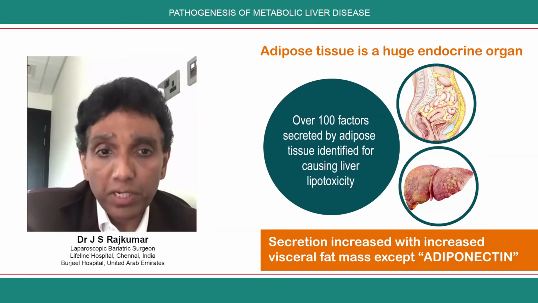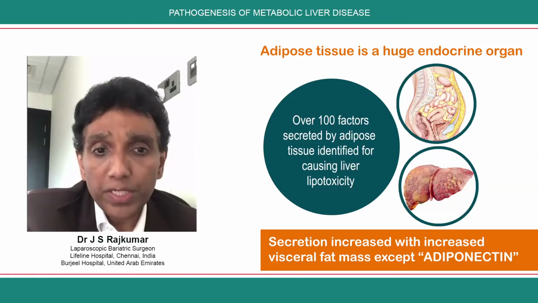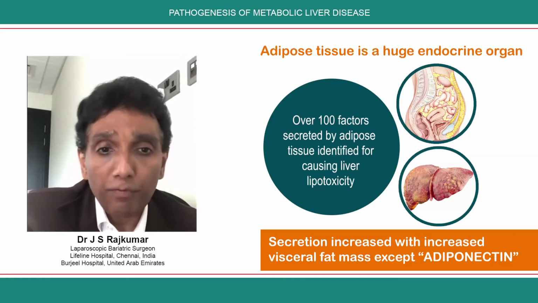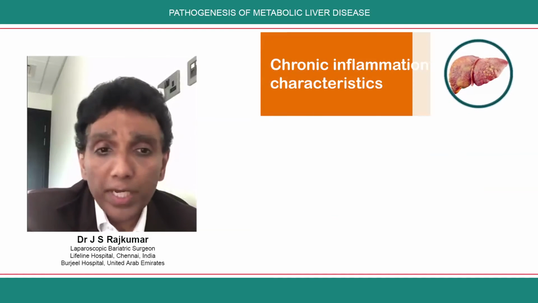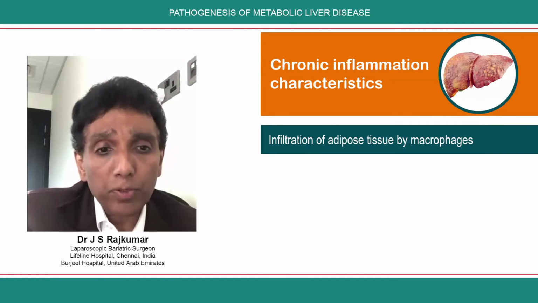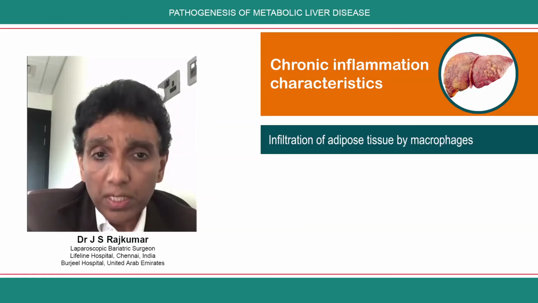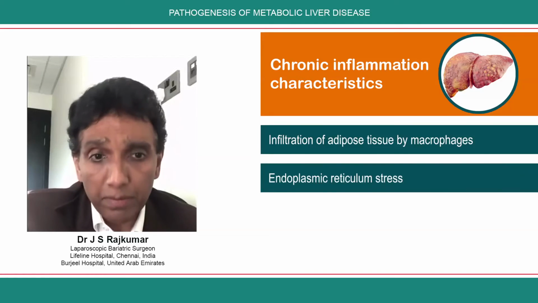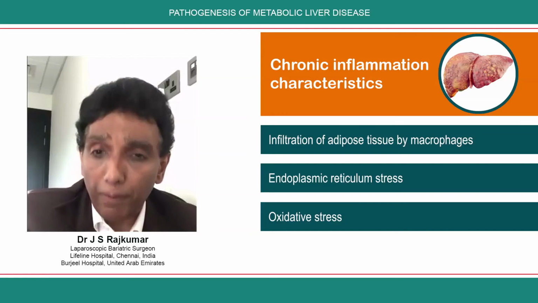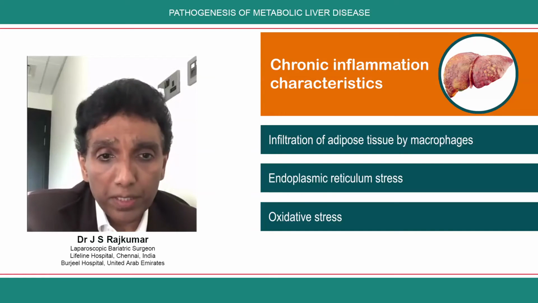Their secretion is increased with increased visceral fat mass, with the notable exception of adiponectin, and chronic inflammation characterized by the infiltration of adipose tissue by macrophages, endoplasmic reticulum stress, and oxidative stress definitely plays a relevant part.